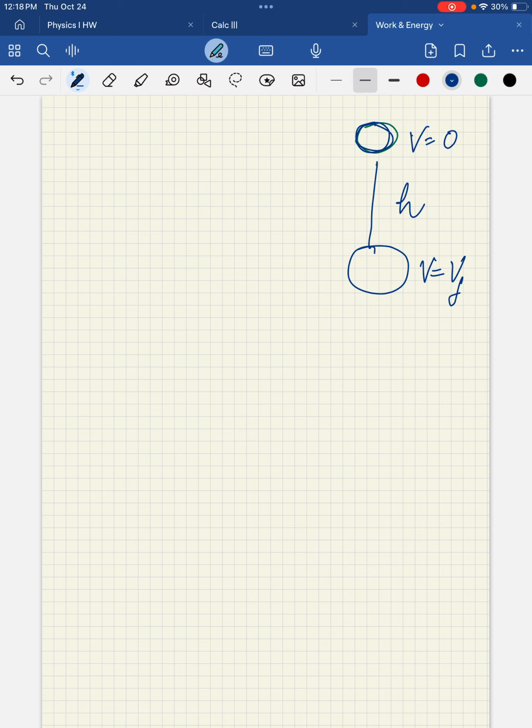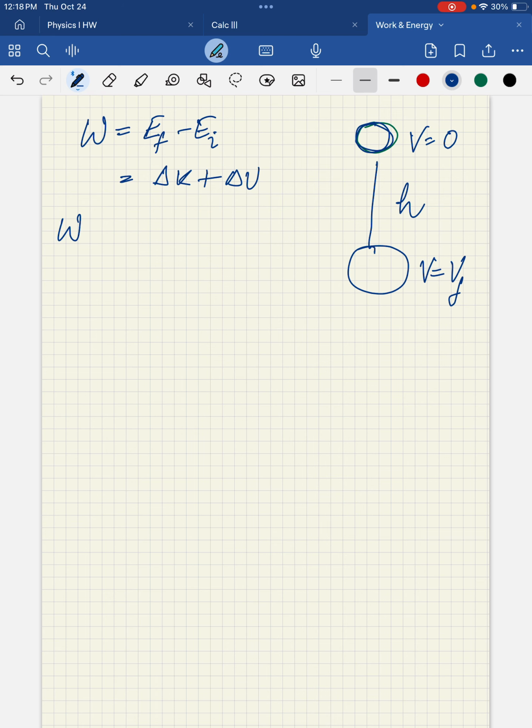I'm going to first use the formula W is equal to E final minus E initial, which is both delta K plus delta U, the general form that we use mostly.